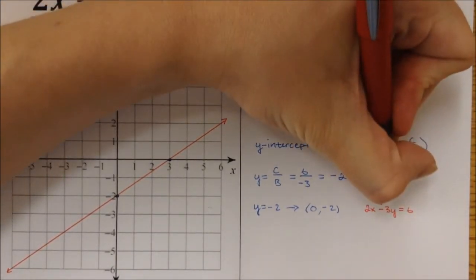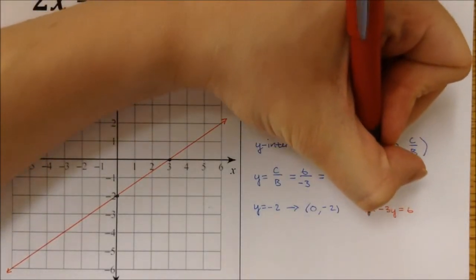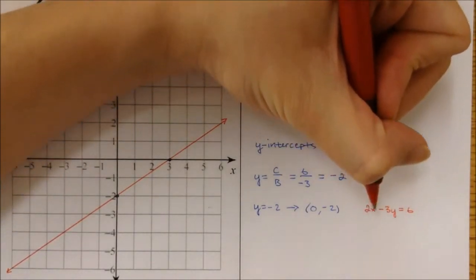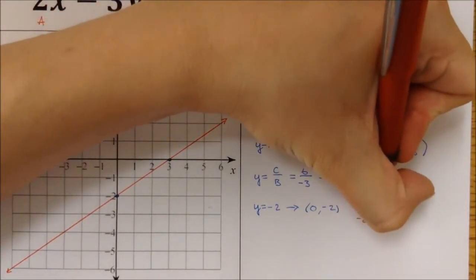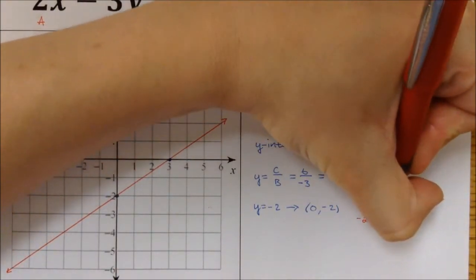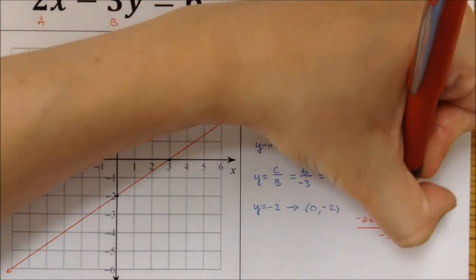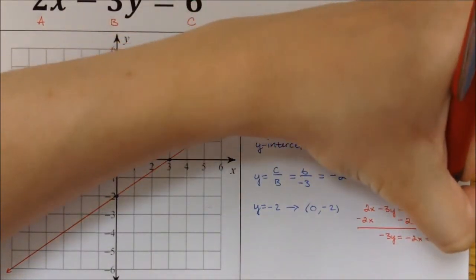Alright, so first job is to get negative 3y by itself. I need to get rid of 2x from the left, so I need to cancel out the 2x. The opposite of positive 2x is minus 2x. So it's going to be negative 3y on the left equals negative 2x plus 6.